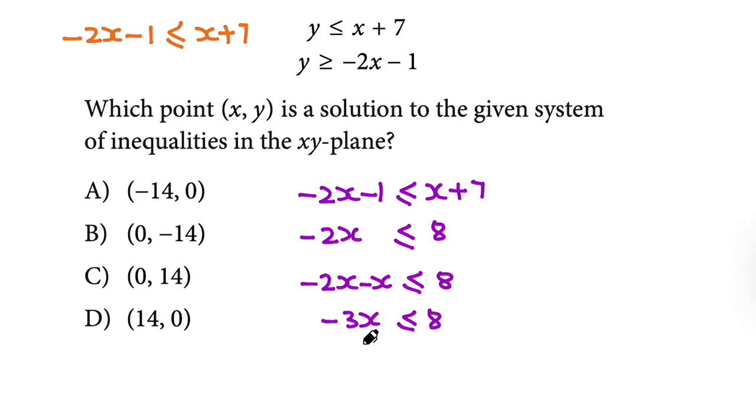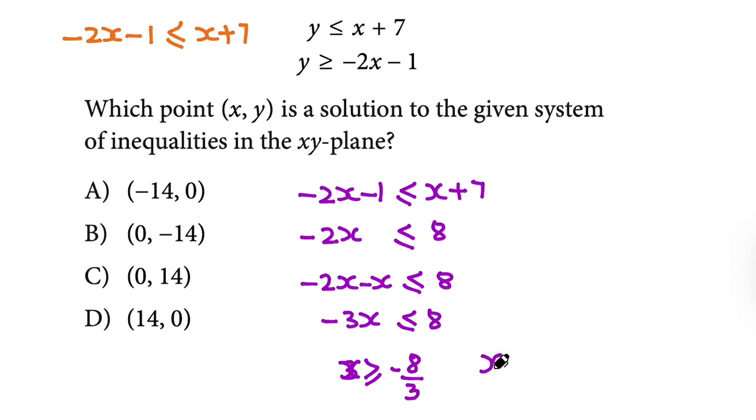Now here is a concept. Whenever you multiply or divide by a negative sign, the inequality reverses. So if I divide by negative 3 on both sides, it will become x greater than or equal to negative 8 by 3.